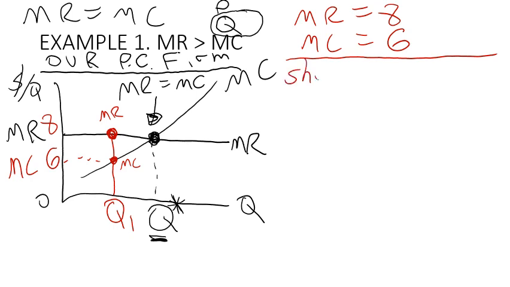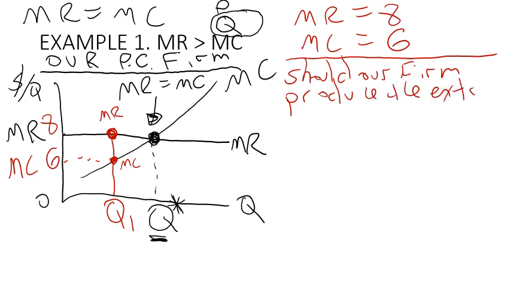The question is, should our firm produce the extra unit? We're assuming that MR, $8, and MC, $6, applies to the next unit produced. Okay, so should our firm produce the extra unit?